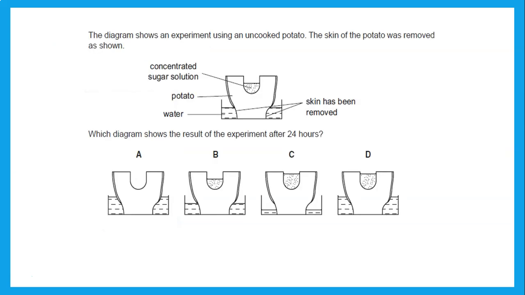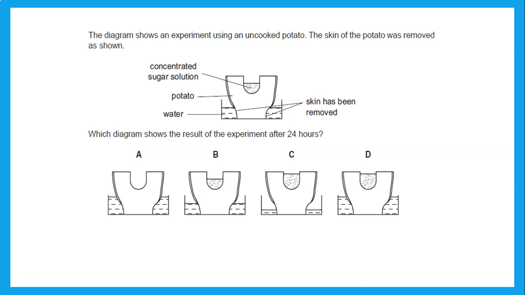So let's take a look at this question. The diagram shows an experiment using an uncooked potato. The skin of the potato was removed as shown. Which diagram shows the results of the experiment after 24 hours? Well, let's see. Outside the potato, we have water.